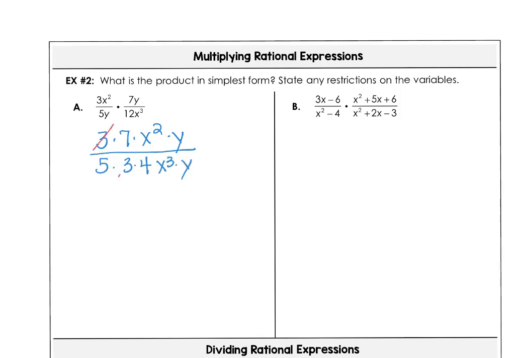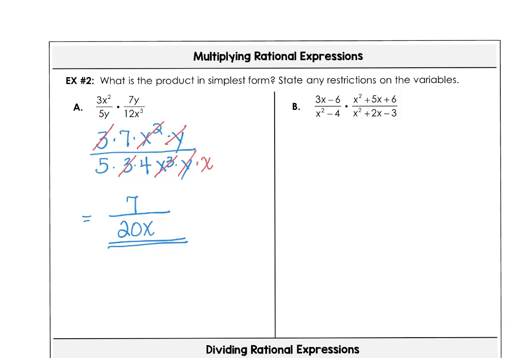So that could remove a 3 over 3. And an x squared could take out 2 x's and leave 1 x in the bottom. And then the y's could be eliminated. So we're looking at 7 divided by 5 times 4 times x. So 7 divided by 20x would be simplified.